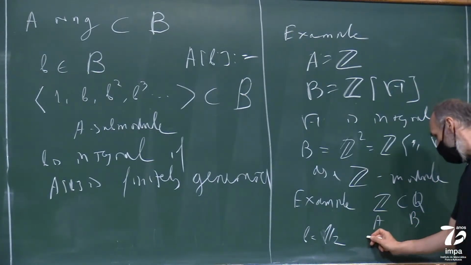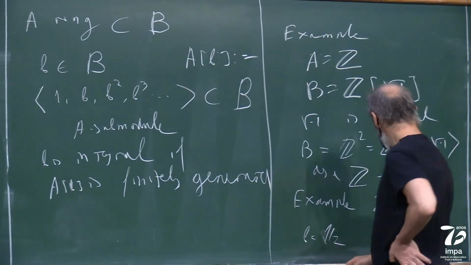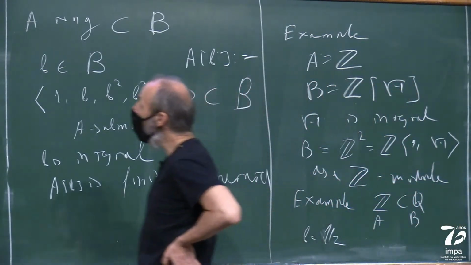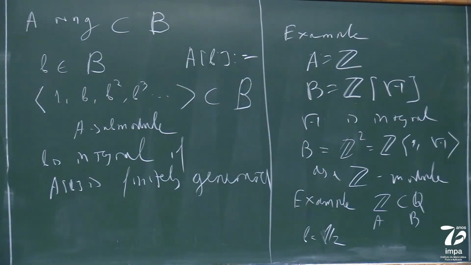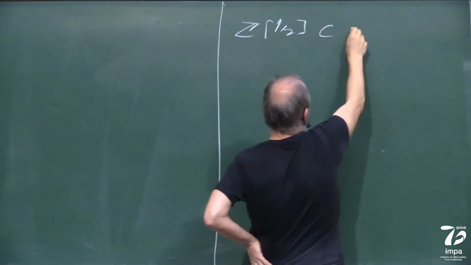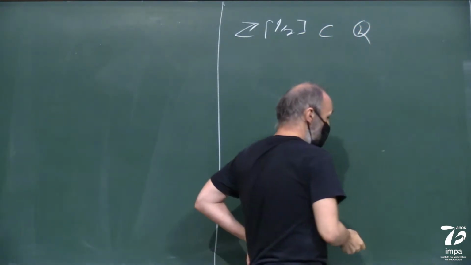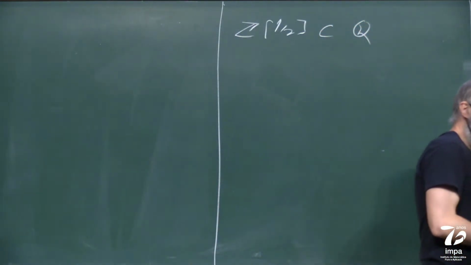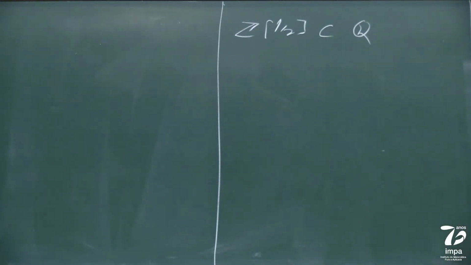Then the corresponding Z module, Z[1/2], is not finitely generated because it sits in Q. And if it were finitely generated, it would be discrete in R. But it's not discrete in R clearly.